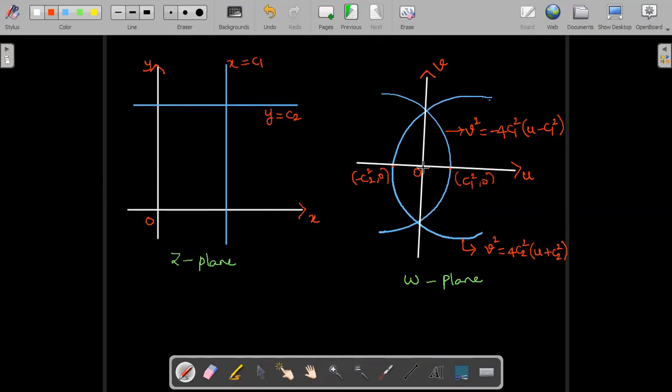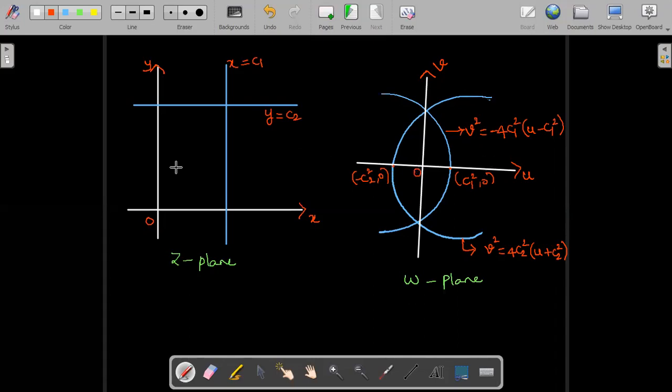Similarly, the second curve y is equal to c2, a straight line parallel to the x-axis in the z plane, is also mapped onto another parabola in the w plane, given by v square is equal to 4c2 square into u plus c2 square, whose vertex is at minus c2 square comma 0. And this is also focused at the origin.